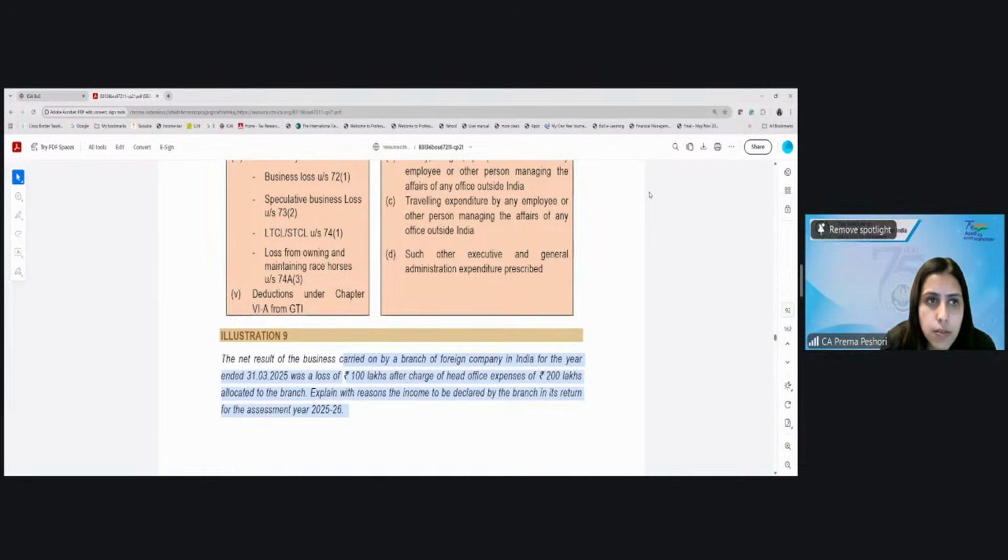Very simple question. Hundred lakh, yes. What will be the deduction?